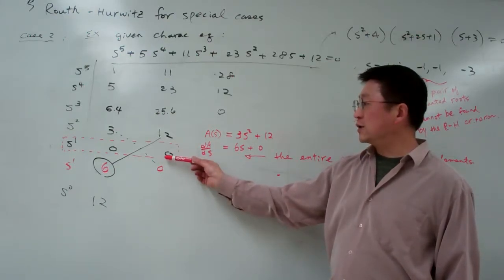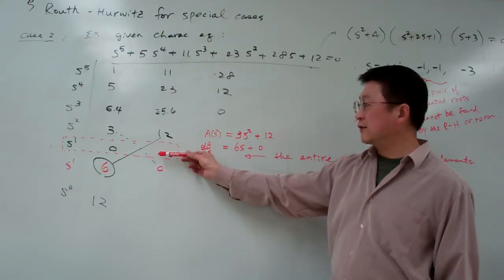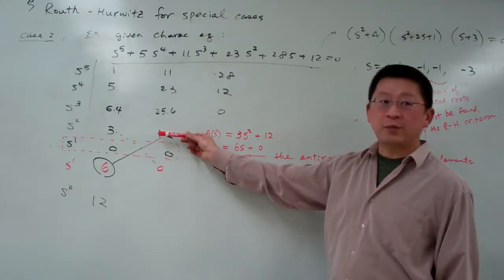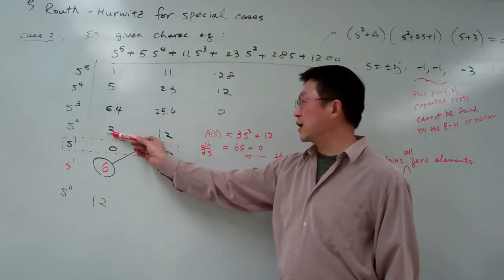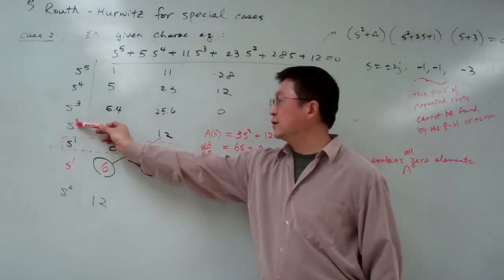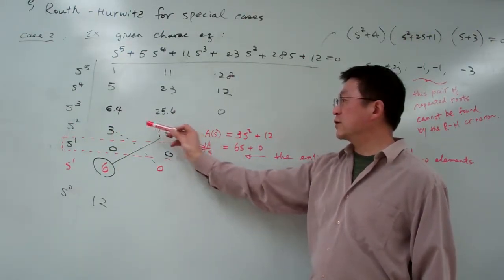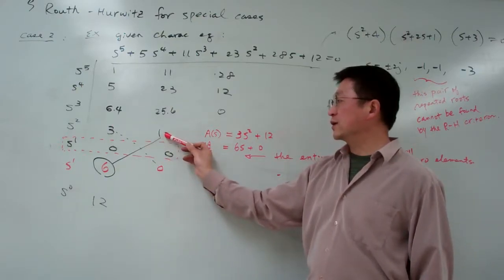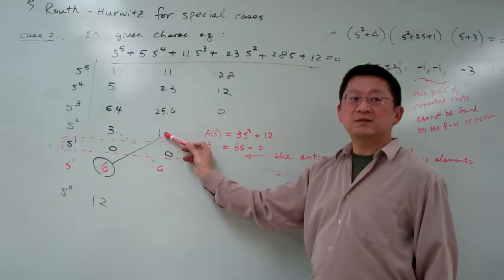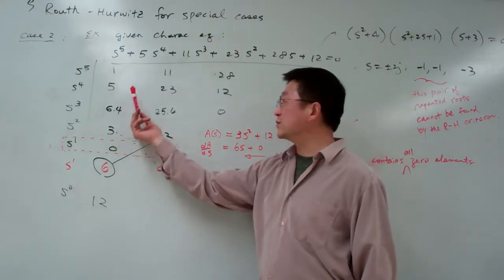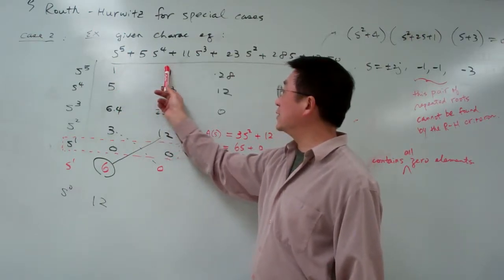We determine the auxiliary function by looking at the information one row above, which is 3, 12. So we come up with 3 s squared, then for the next one we skip one degree, so s to the 0. Because when we build up, the entries are s^5, s^3, s^0.